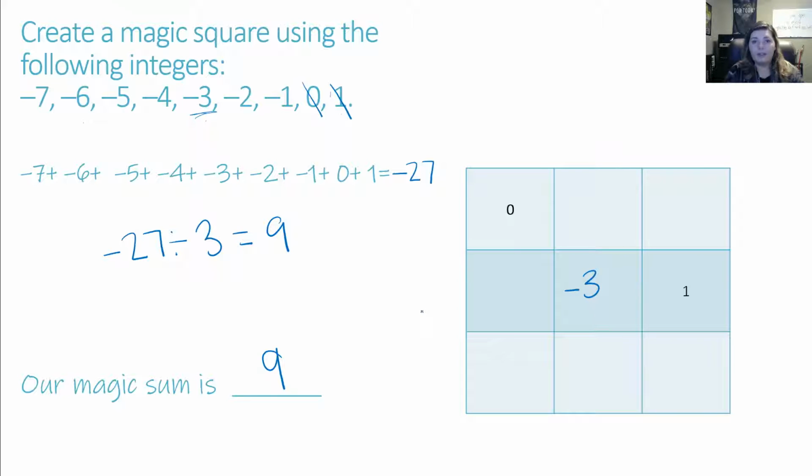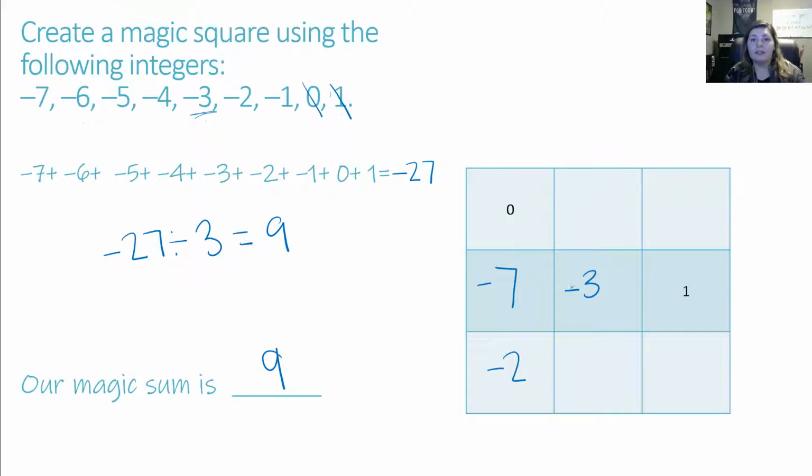From there, we already have 0, so let's just plug in some numbers and see. Now remember, we want this to add to 9, so let's say -7 and -2, that would equal 7, 8, 9. A positive plus a negative plus a negative makes a positive, so that would equal 9.